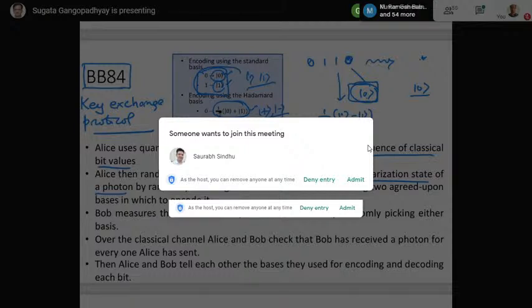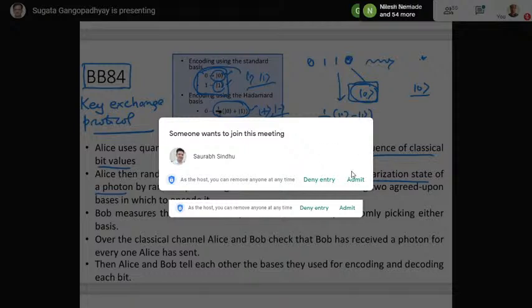So now, after sending 2 bits, suppose they exchange the bases. So Alice tells Bob that at the first instance she took this basis, and in the second instance she took plus minus, and Bob tells Alice that in the first instance he took this basis, and in the second instance he took again the same basis.